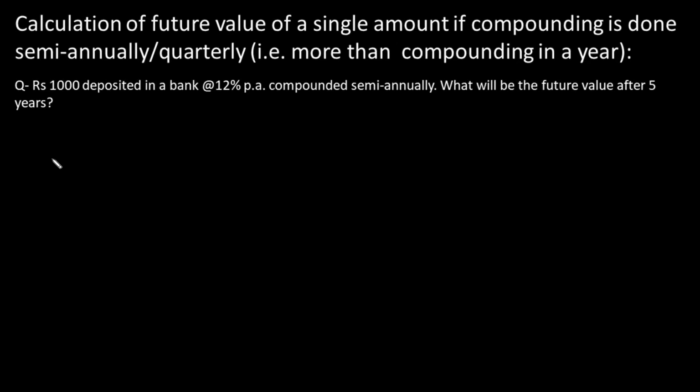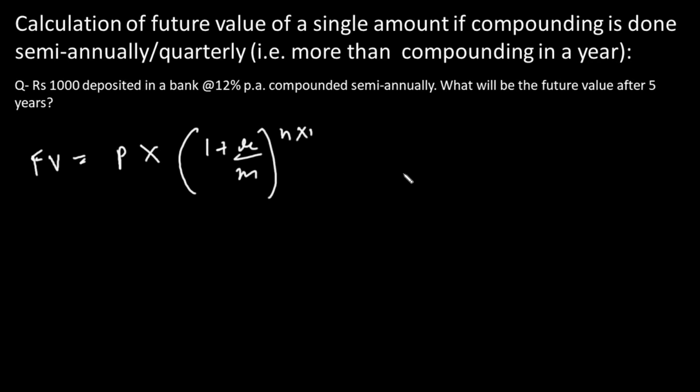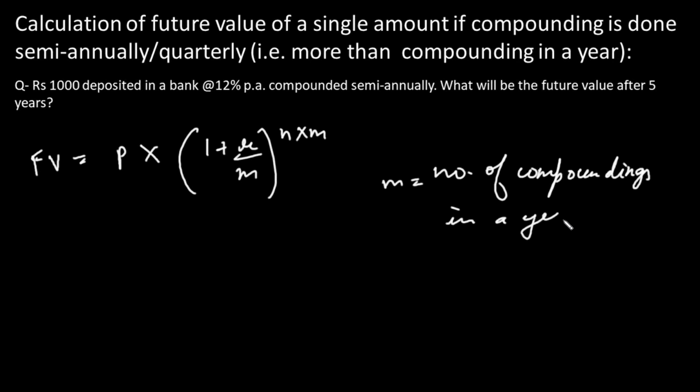So how do we do it in maths? In maths, the formula would be P into (1 plus R upon M) to the power n into M, where M is the number of compoundings in a year. So here M would be 2 because this is semi-annually.